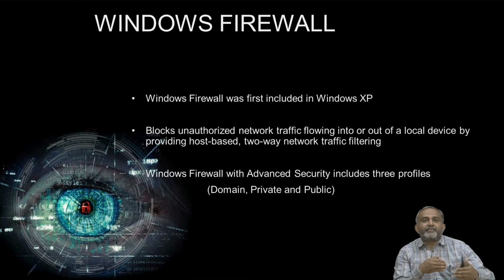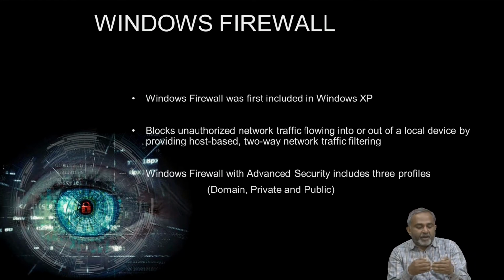So the firewall is a mechanism which works at the second layer of the OSI, or we can say it's an entry point for each and every network traffic immediately after the physical layer.